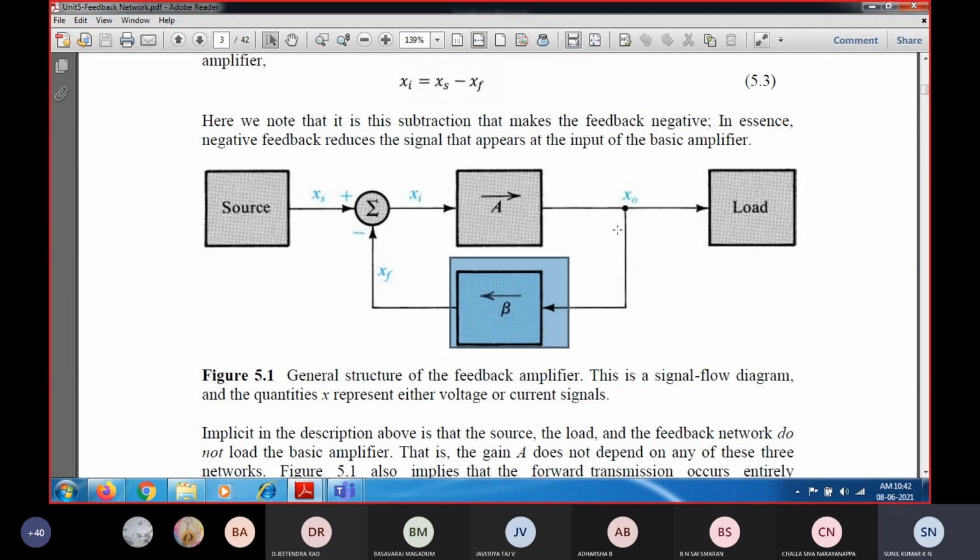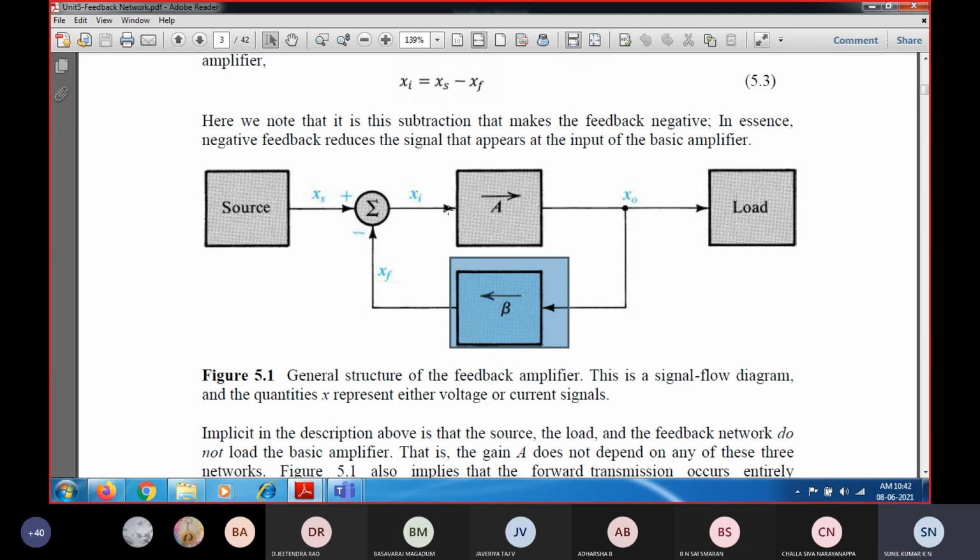Similarly, you have seen in the common source amplifier or common gate amplifier or common drain amplifier, the input signal source with the source resistance will be connected to the input side of the gate.